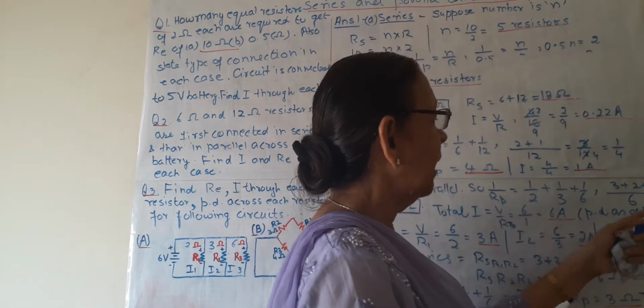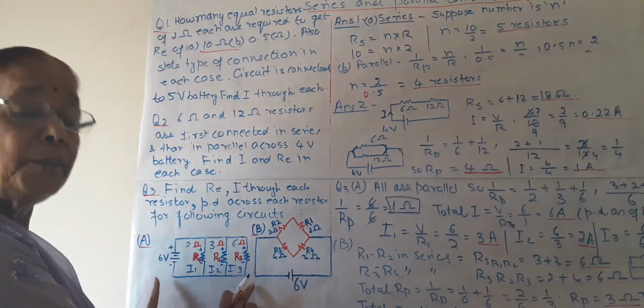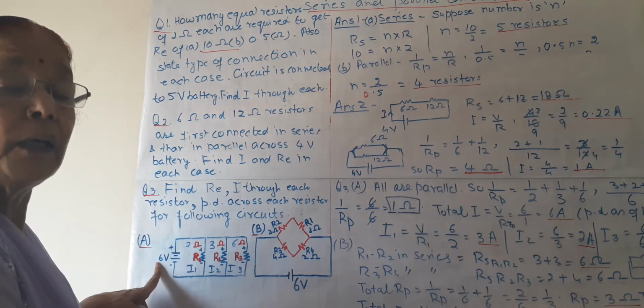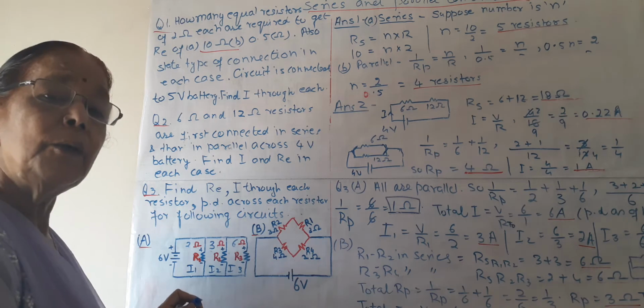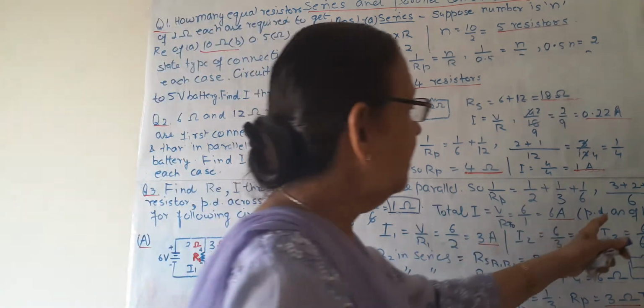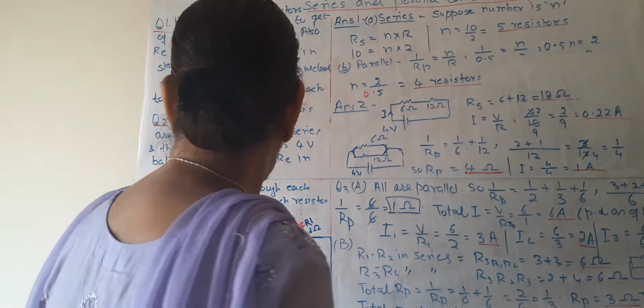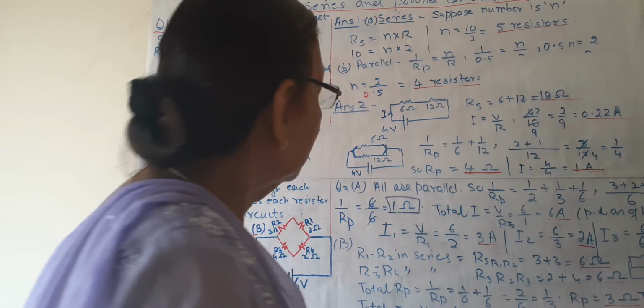And PD, we have to calculate PD also. We know that in parallel connections, the PD is same as that of the battery if all the resistors are connected in parallel. So PD will be 6 here. Or we can calculate it individually, we can calculate the current.